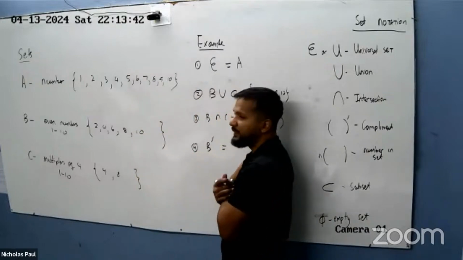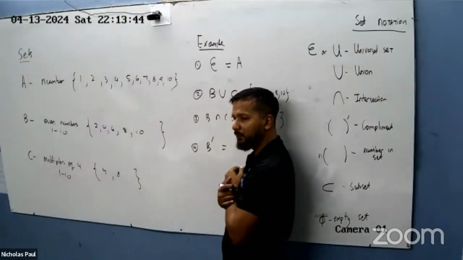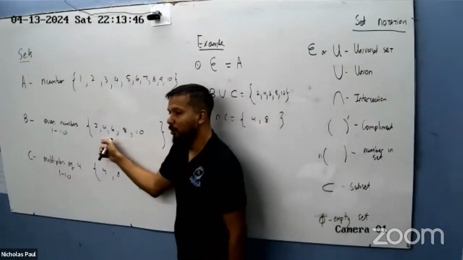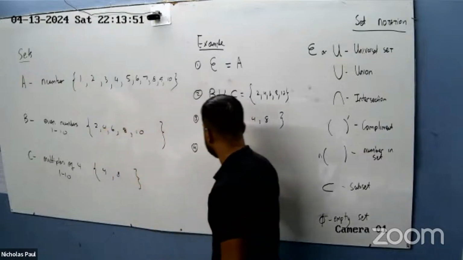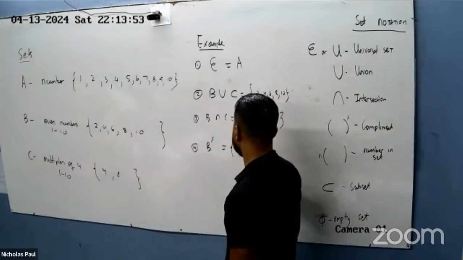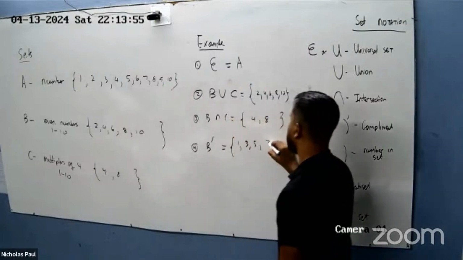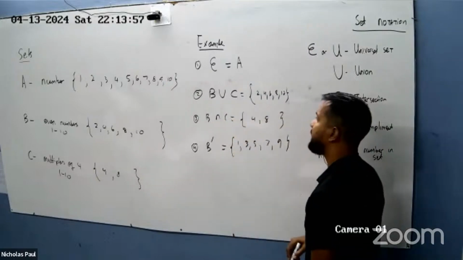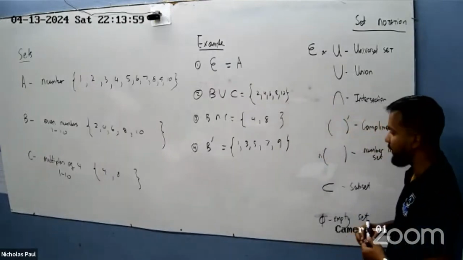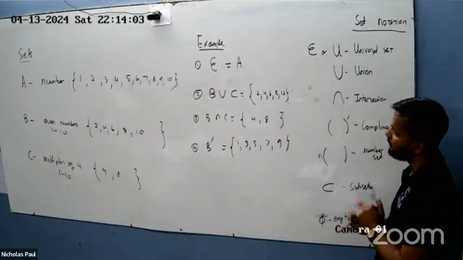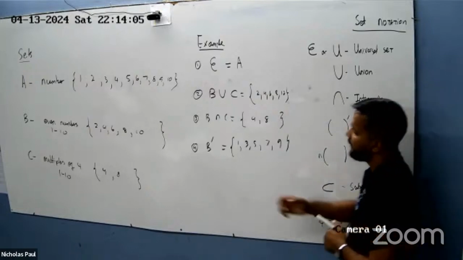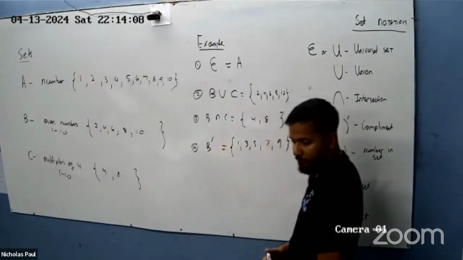Jeremy, what do you think is B complement? All the elements that do not belong here, but belong here. 1, right? 3, 5, 7, 9. Nice. That is a complement. Everything that does not belong to the set. Everything that doesn't belong to B.